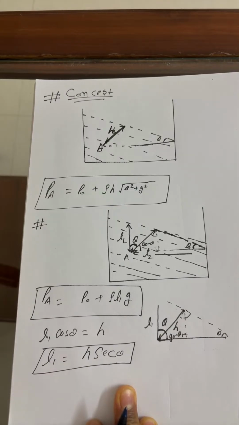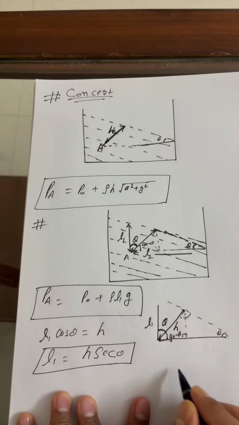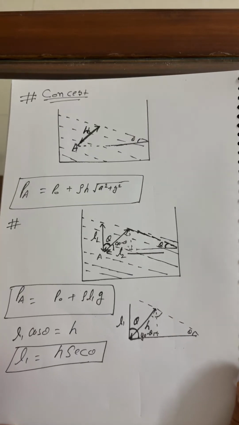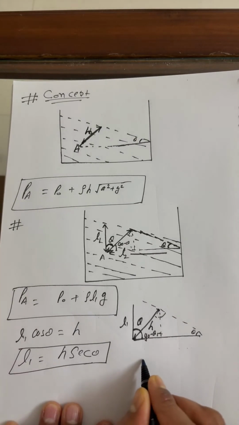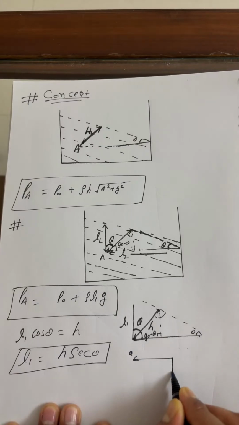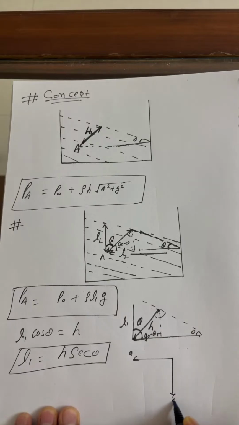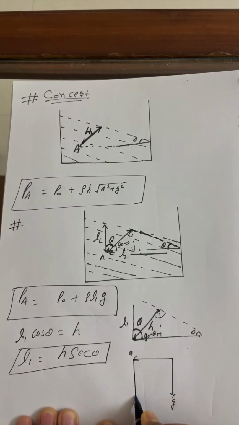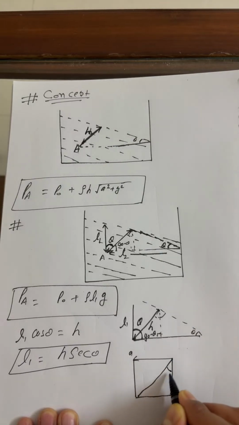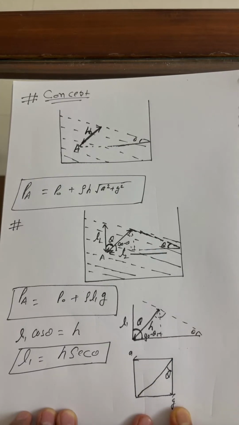So how can we find theta? Let's go through this once. This is the formula which we have already done. This is basically a, and this is g, and the angle from the vertical is theta.